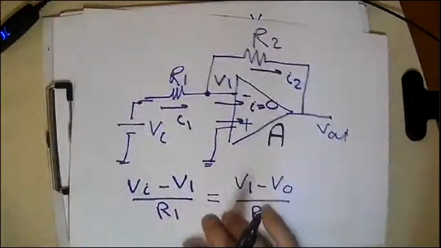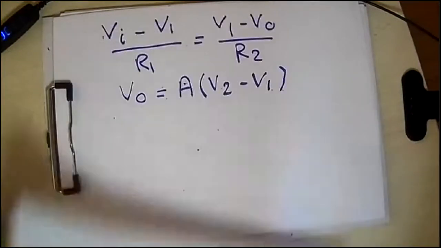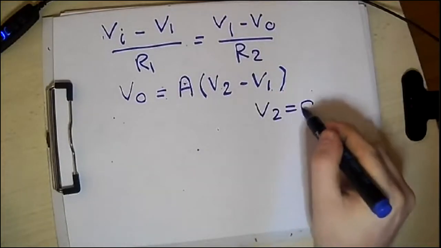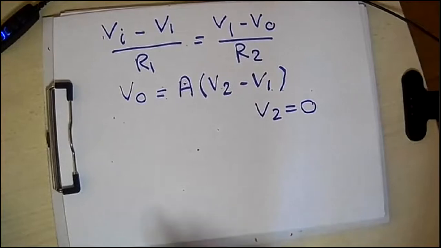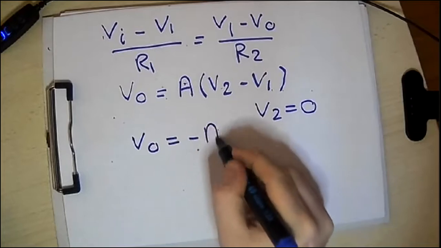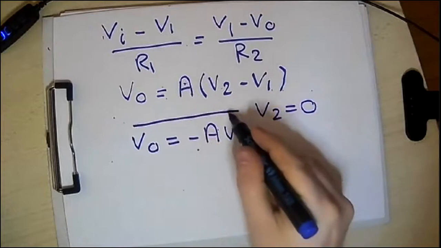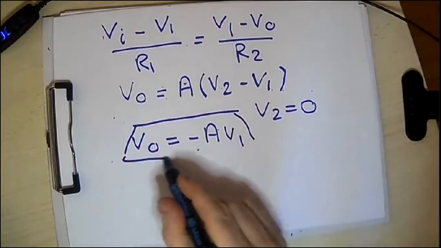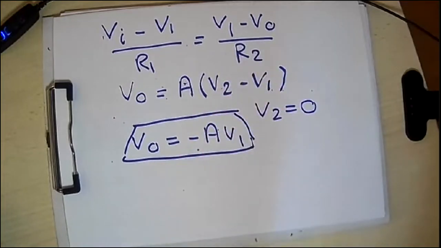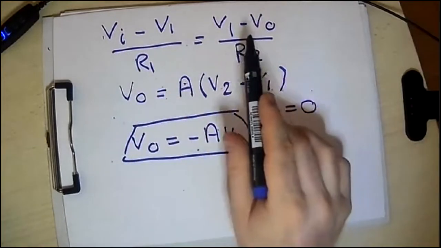And as you know, V2 is connected to the ground, so V2 is equal to 0. That means V out equals minus A times V1. Here you can make a substitution, because what you are seeking is a relation between V input and V output.